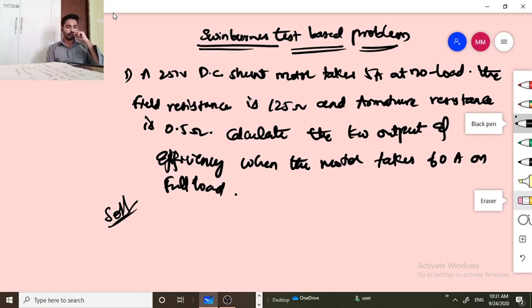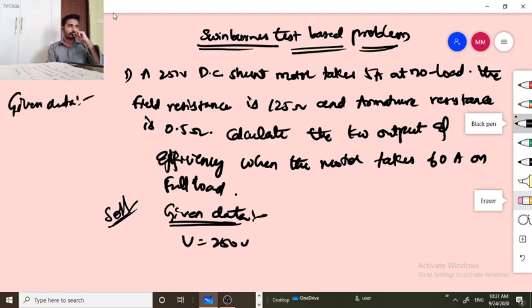Okay, so now note down the given data. So here V is given as 250. So I'm writing here given data. Why? Because I will realize. So V is 250 and IL naught is equals to 5 amperes.